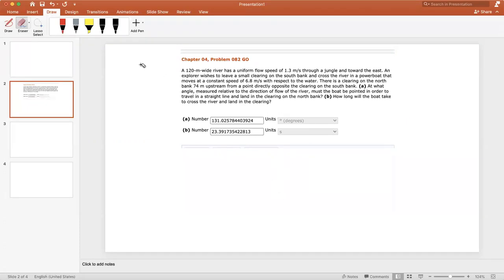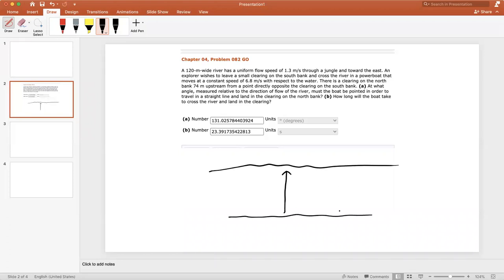But what is essentially happening in this problem is you have a guy or a girl, an explorer, who's trying to get across this river. And this river is 120 meters wide in the y hat direction, positive y. And he wants to get to a point, and we're going to say in this problem that x is positive to the right and y is positive upward.